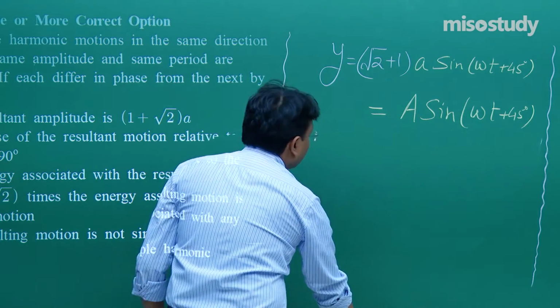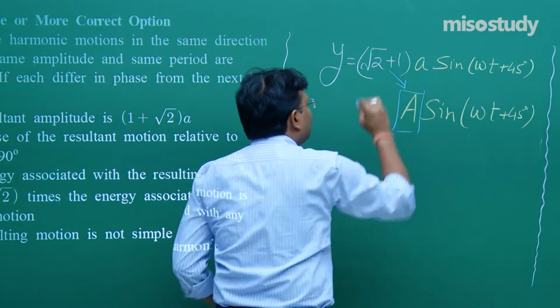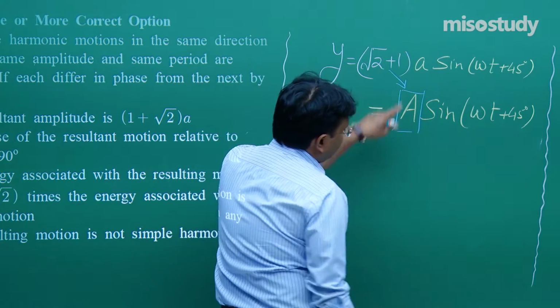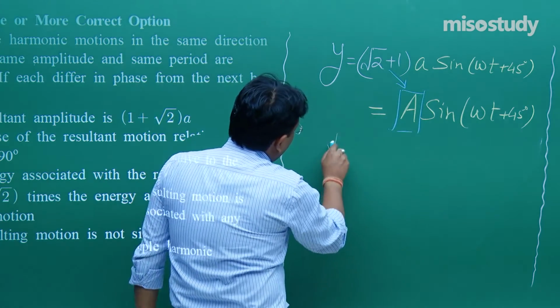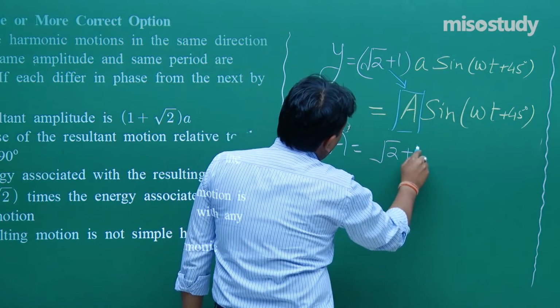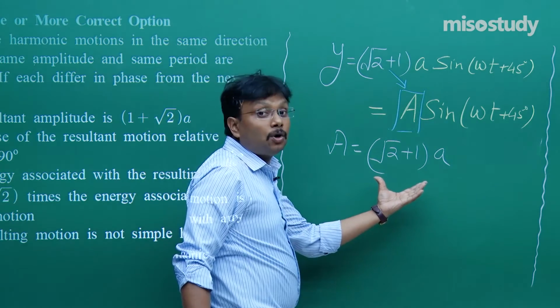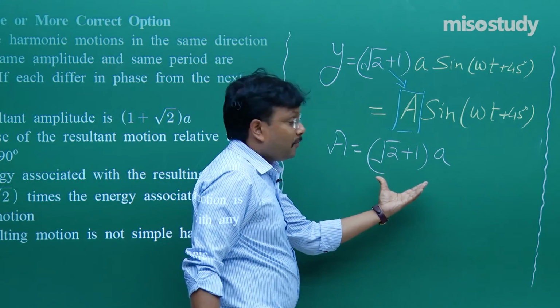So now what can I say? I can say this big A is nothing but this root 2 plus 1. So A is equal to root 2 plus 1 times a. This is the amplitude of the resultant wave.